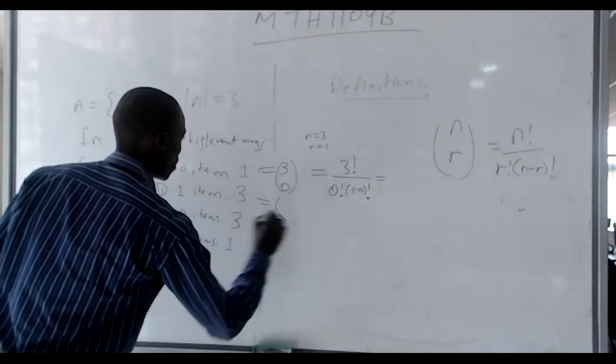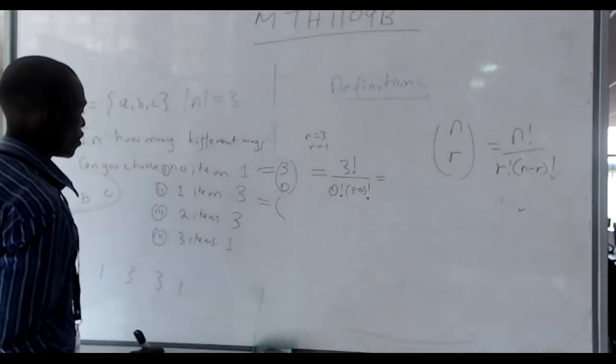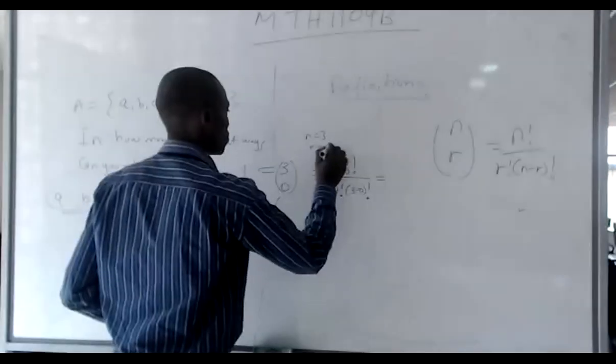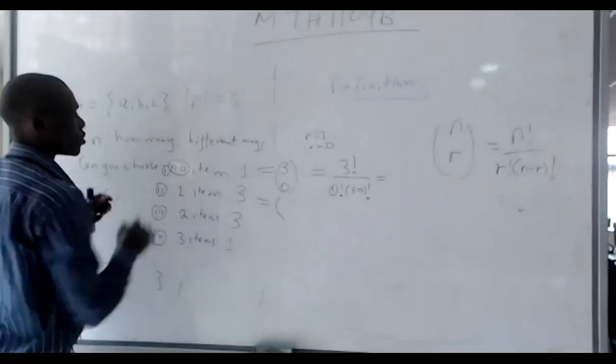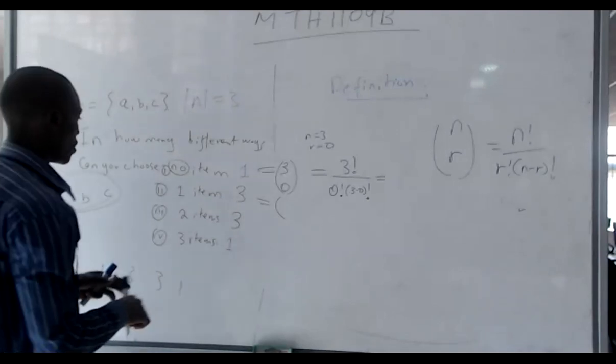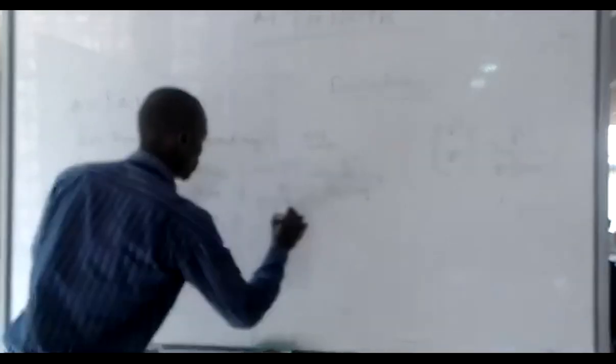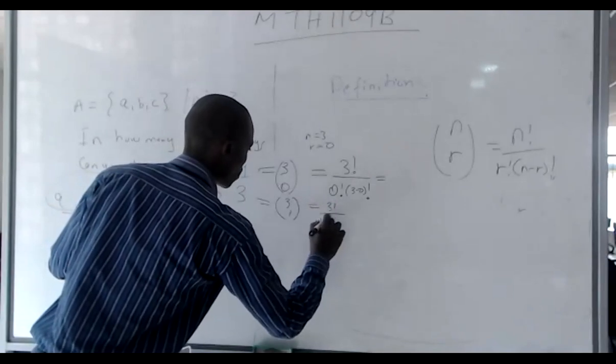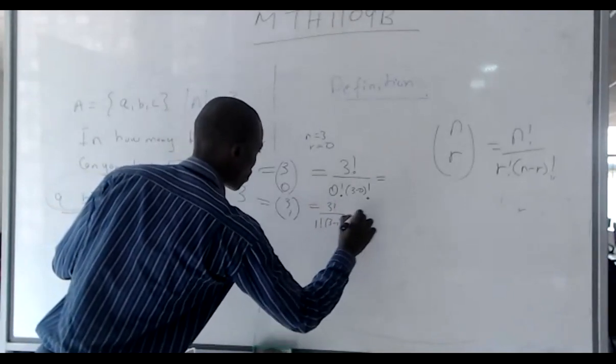You just wrote r is 1, then you said r is 0. Sorry, r is 0, because we're choosing no item. The second one should be 3 combination 1, which is 3 factorial divided by 1 factorial times 3 minus 1 factorial.